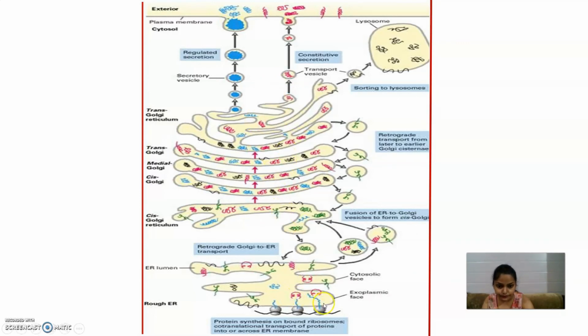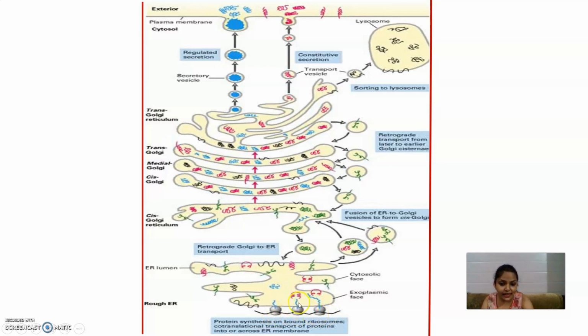In this diagram, we can recall the whole extracellular transport of the proteins. The mRNA from the nucleus attaches to the ribosomes.